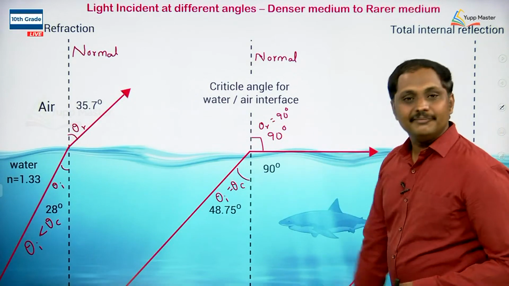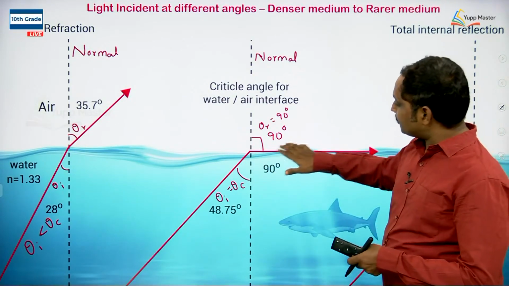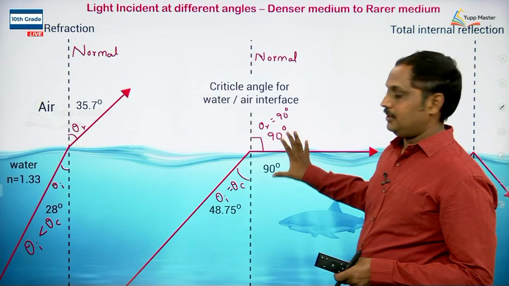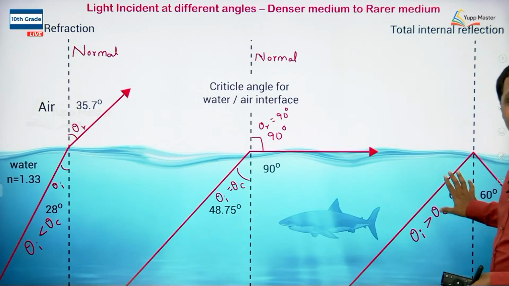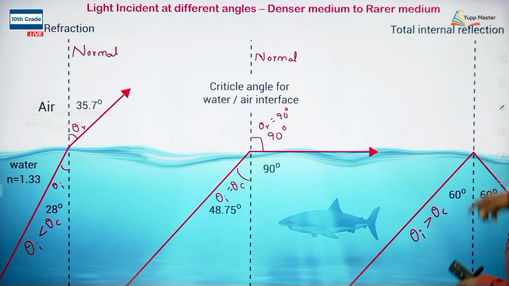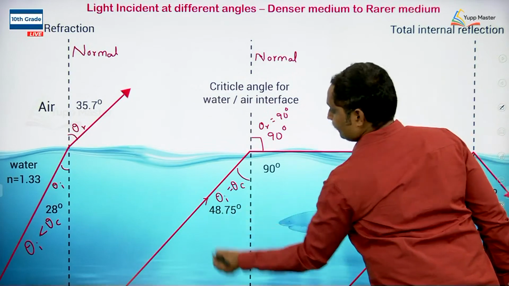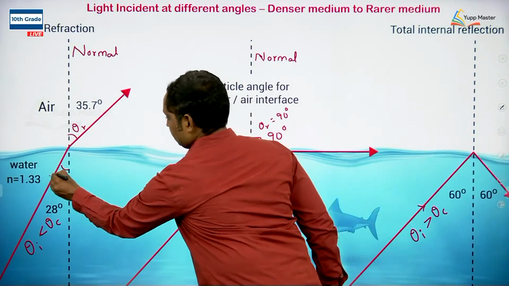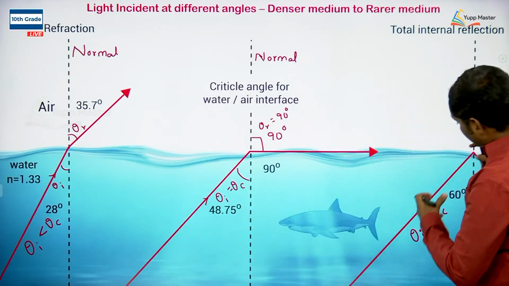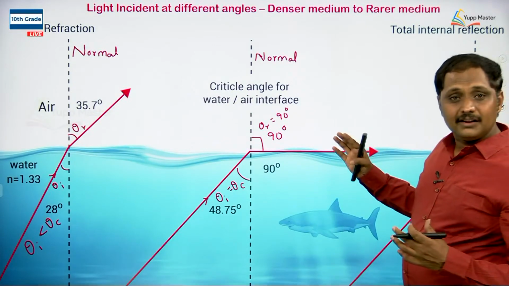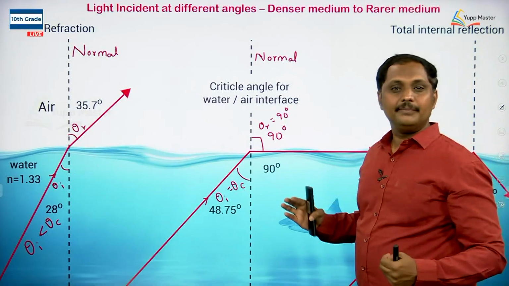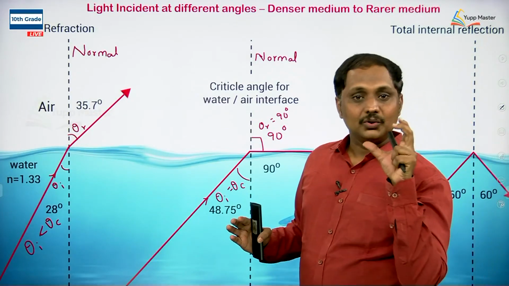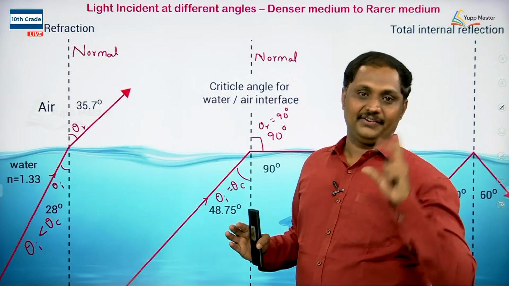At the critical angle, the angle of refraction becomes 90 degrees. Here the total internal reflection takes place. The incident ray will be reflected into the same medium, that is the total internal reflection.